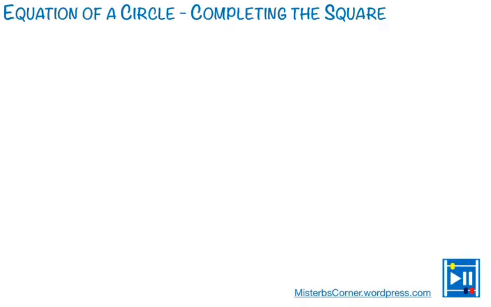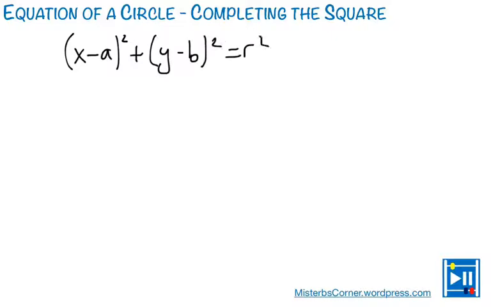So we know that the general formula for the equation of a circle is (x - a)² + (y - b)² = r², for center being (a, b) and r being the radius, right? So what happens if we expand these perfect squares?